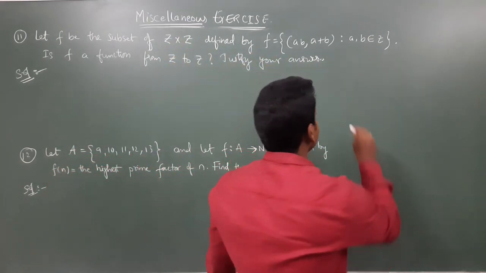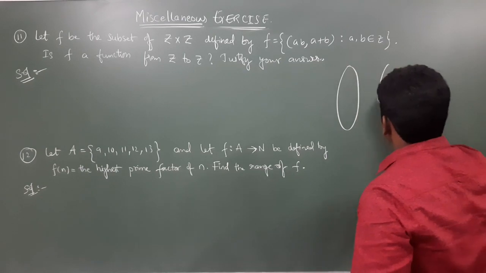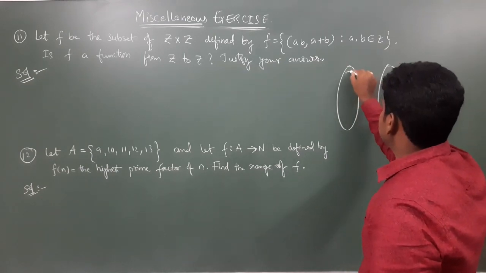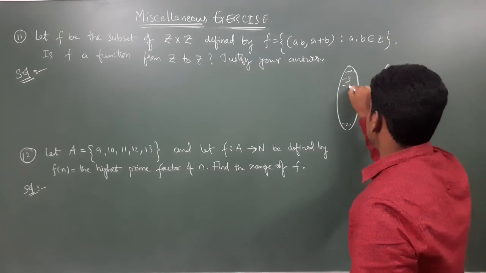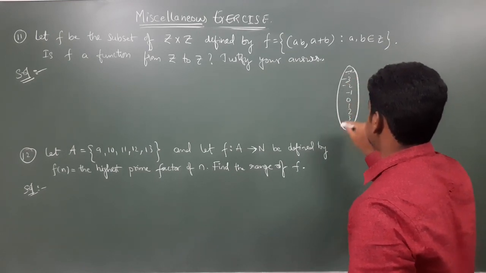Both a and b belong to the integers, like minus 3, minus 2, minus 1, 0, 1, 2, 3, and so on.